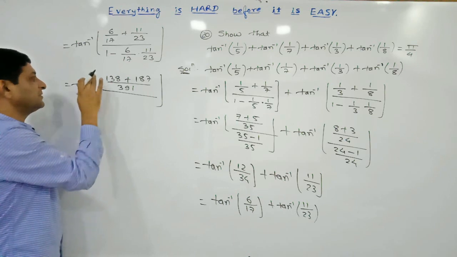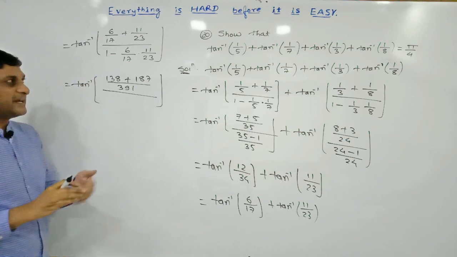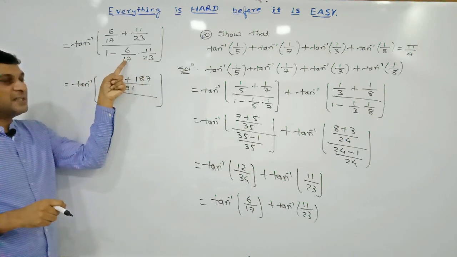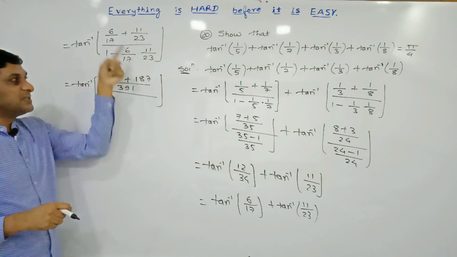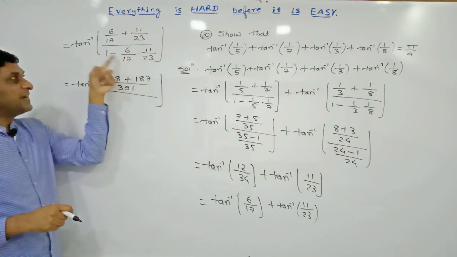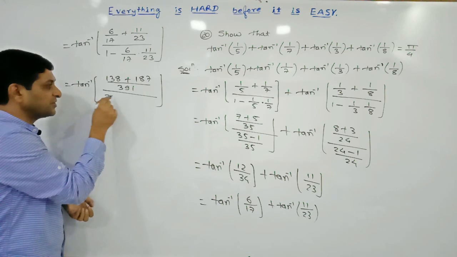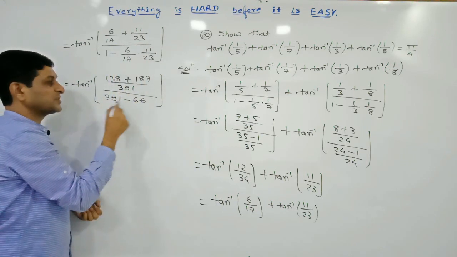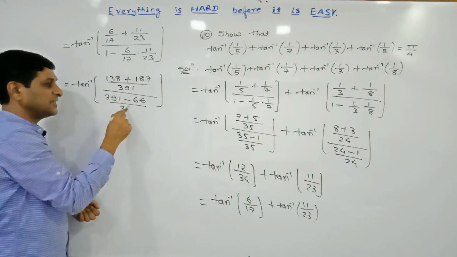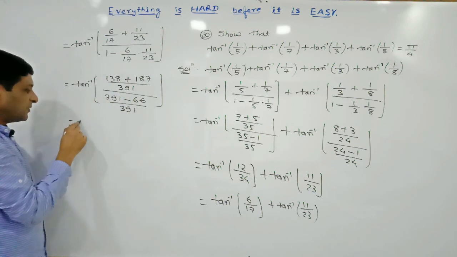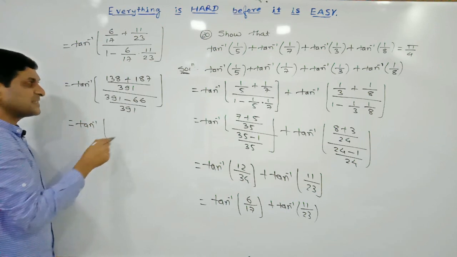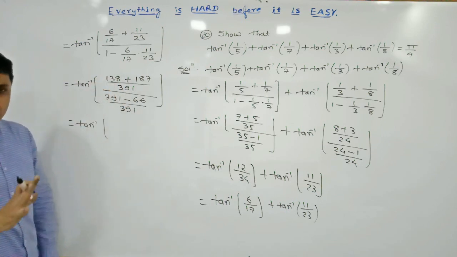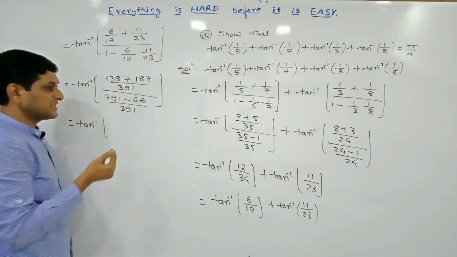Same calculation we are doing in the denominator. 23 into 17 we have already seen is 391. So 391 into 1 equals 391 minus 6 into 11, which equals 66, divided by 391. So which is equal to tan inverse of, this is nothing but calculation, so you are able to perform it yourself also.